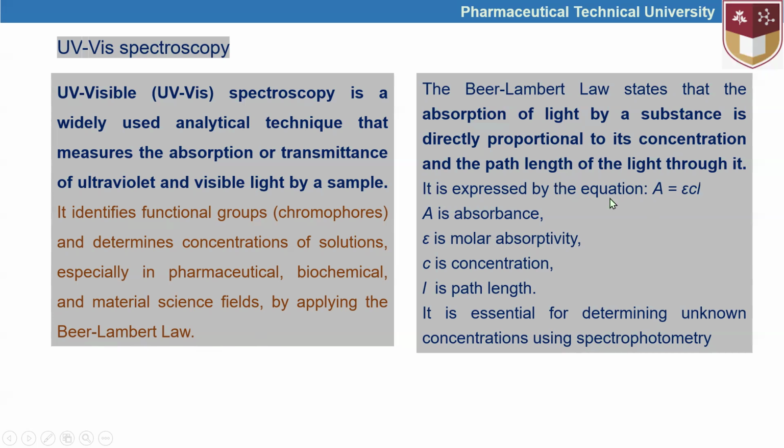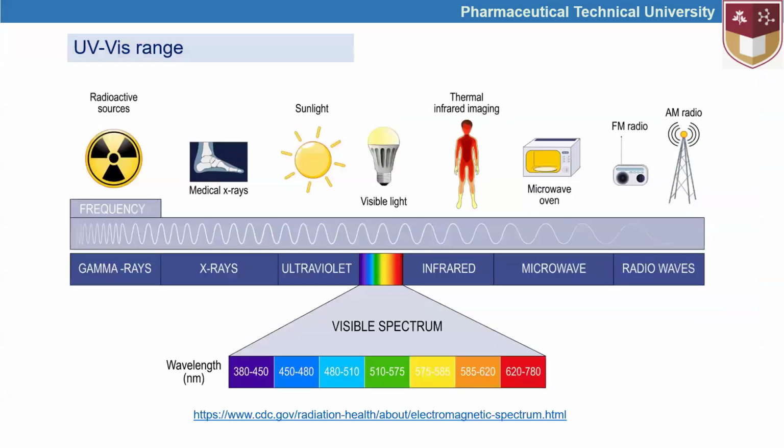It is expressed by the equation A equals epsilon times C times L, where A is absorption, epsilon is molar absorptivity, C is the concentration of the studied compound, and L is the path length. It's essential for determining unknown concentrations using spectrometry.